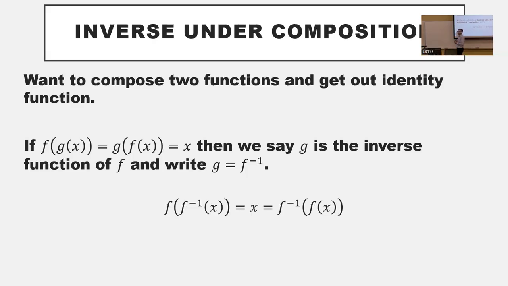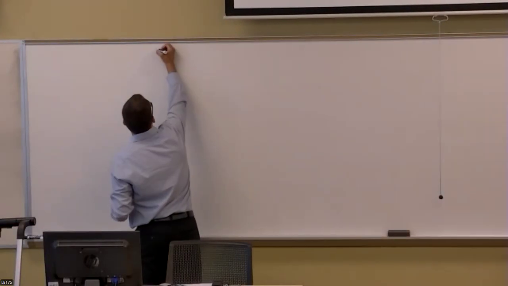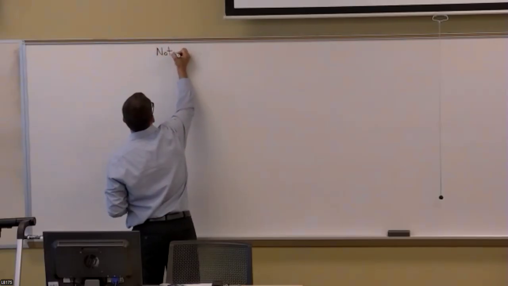Now, we have to be careful about that notation. f raised to the -1 power can mean a couple of different things. In this class, it'll always mean inverse function. If people are talking about the multiplicative inverse versus the inverse under composition, then we would write it in a different way. Okay, follow that? I'll write this on the board real quick. So just a quick note on notation.